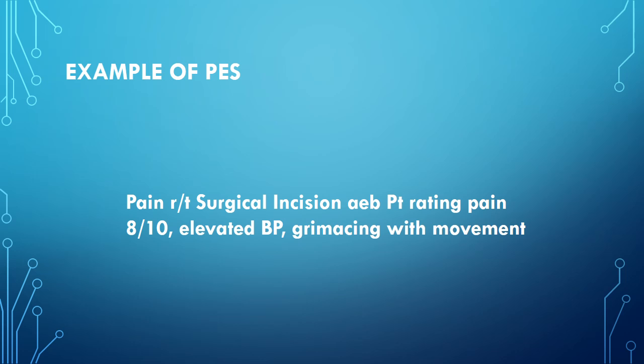That's not exactly grimacing, so let's see. Expressive behavior of pain, i.e. grimacing, facial expression of pain. So they indeed have listed defining characteristics that I have identified in my patient.